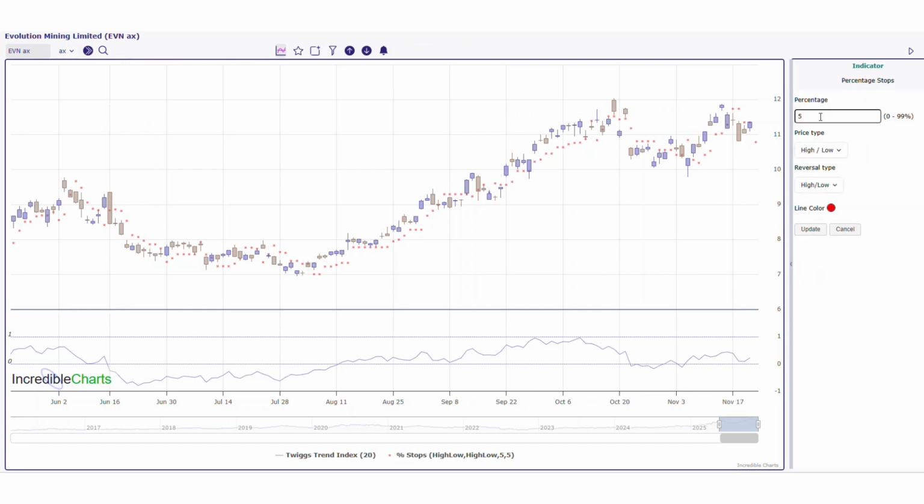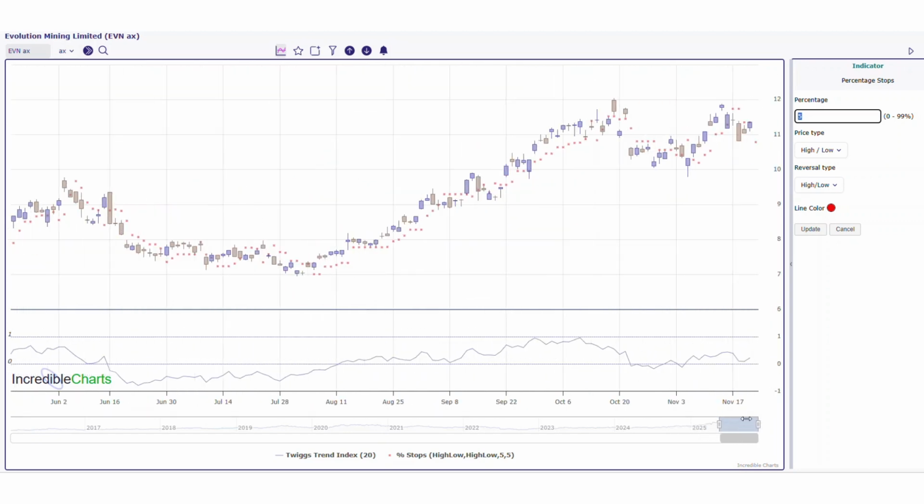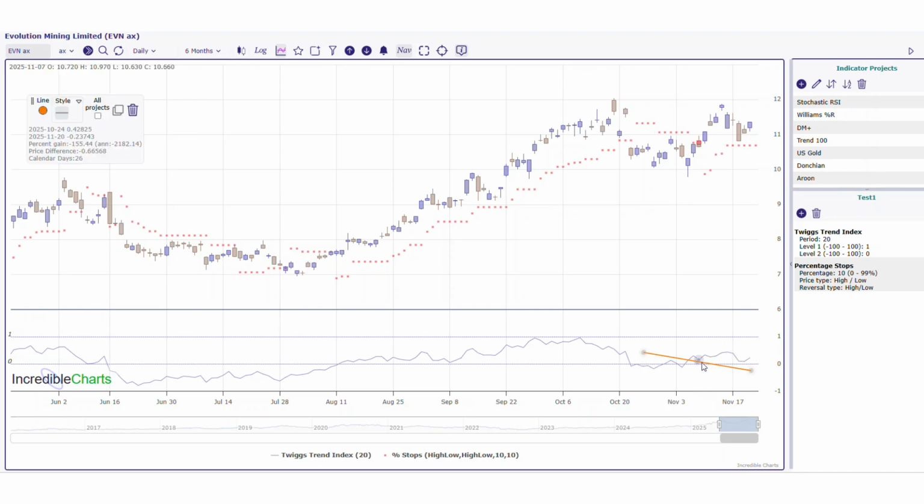So what we do is visually inspect the chart. You can see with prior action, it's been in a good uptrend for a while, and you set your stop at 10%. Rolling 5. Update, and there, that looks a lot prettier.